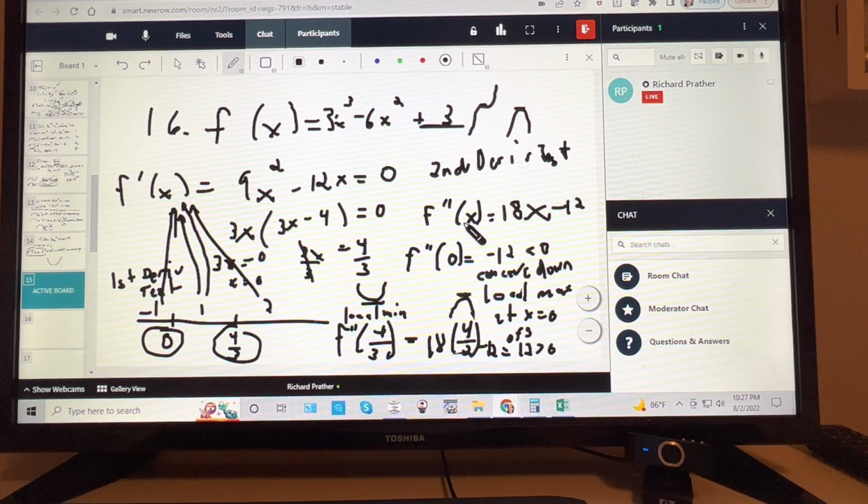And you might be thinking, okay, why don't I just do the first derivative test every time? That works every time. It does, but if the second derivative is easy to find, and especially if there's a number of critical numbers, say you have 4 or 5 of them, then it's definitely easier to do the second derivative test. And you just hope that you don't get any 0 ones that are inconclusive.